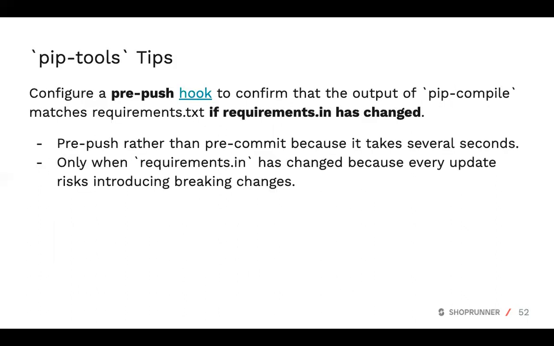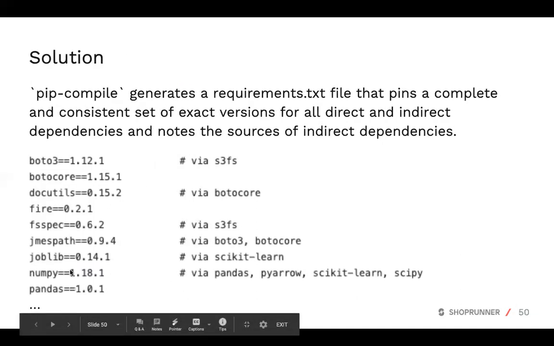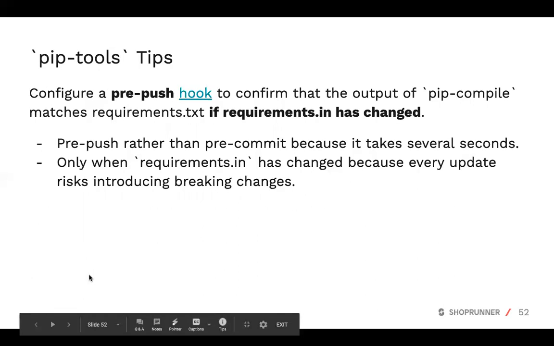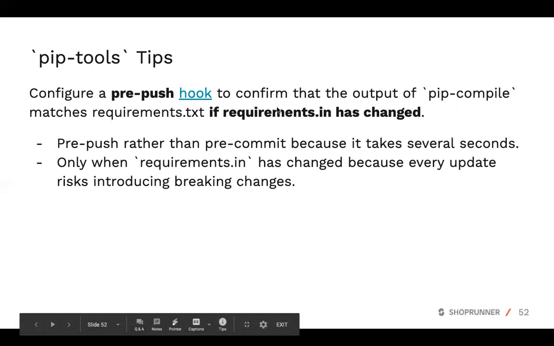If you're using pip-tools, we found it helpful to set up hooks to make sure that we keep things up to date. There is a potential question with pip-tools: how often do I recompile these concrete requirements? The solution we've come to is we set up this pre-push hook. When you're going to push your code to GitHub, it will check whether your requirements.in has changed.